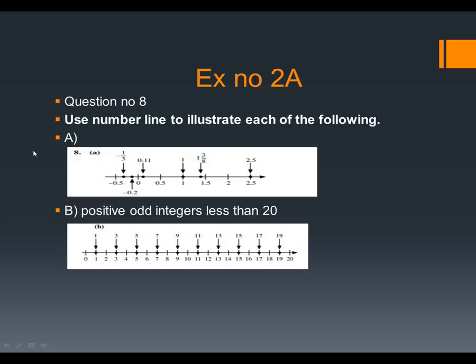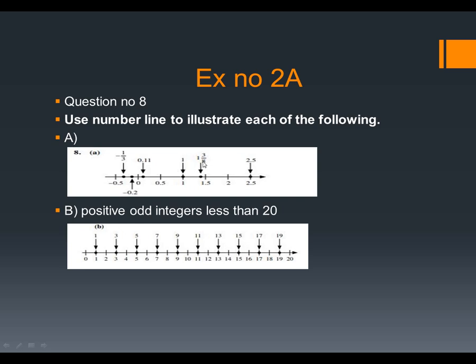The last question is question number 8. Use the number line to illustrate each of the following. So we had the numbers minus 1 over 3, minus 0.2, 0.11, 1, 1 and 3 over 8, and 2.5.